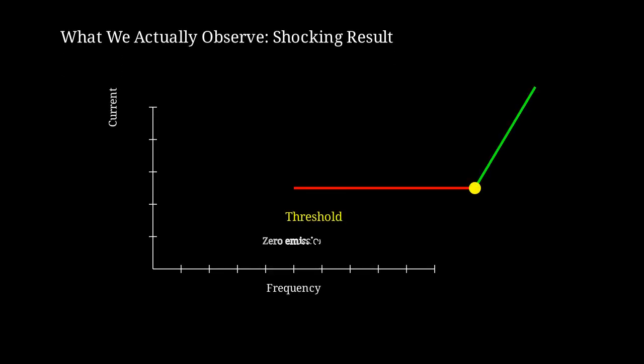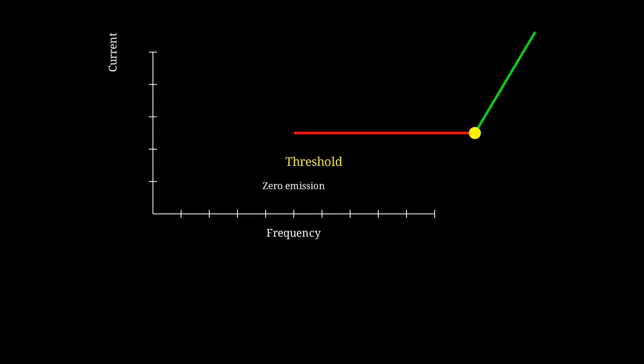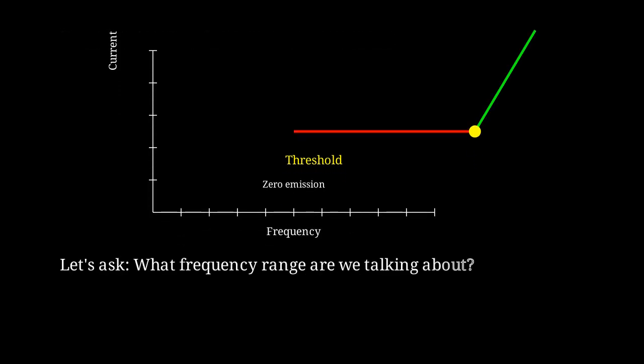Here's the data. Below threshold frequency, nu-zero, absolutely zero current. Above threshold, current increases with frequency. This sharp threshold is completely inconsistent with wave theory. Let's be quantitative. For sodium metal, the threshold frequency is about 5 times 10 to the 14th hertz.